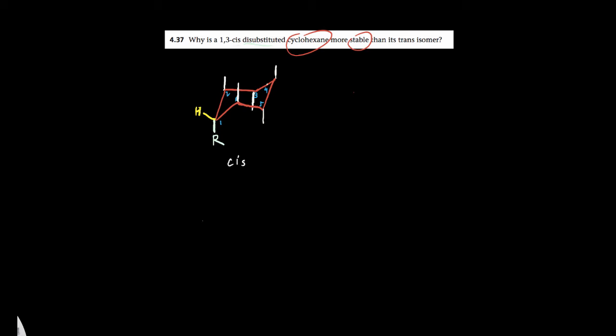And now we can put the equatorial substituents in. These are both hydrogens, and the equatorial position there, equatorial there, equatorial, and equatorial. These are all hydrogens, except for the R group at position 3, and so that's another R group. So this is cis substituted.